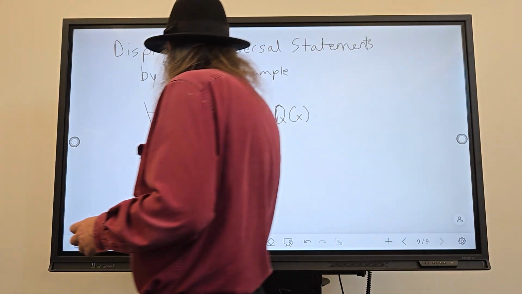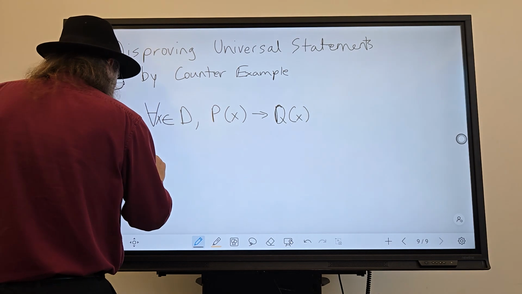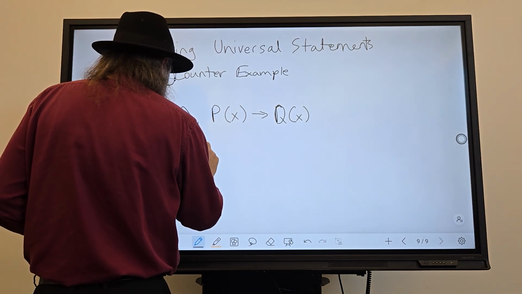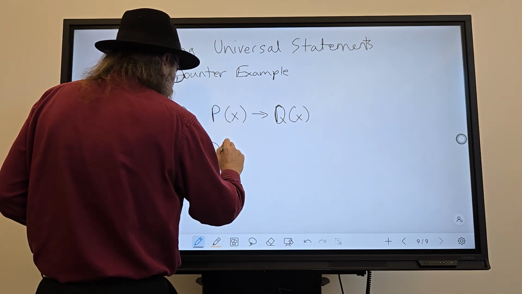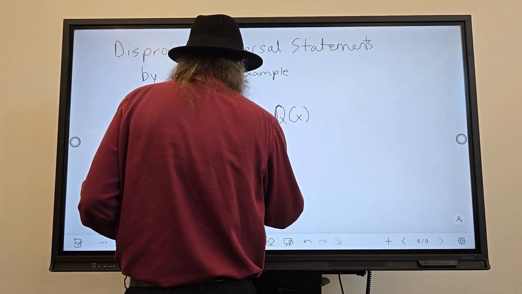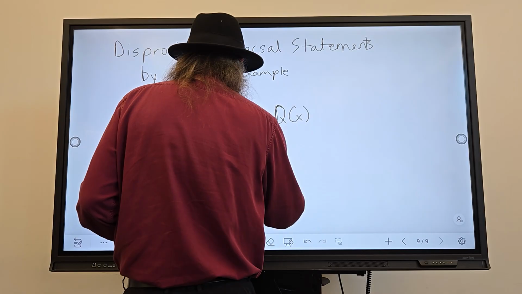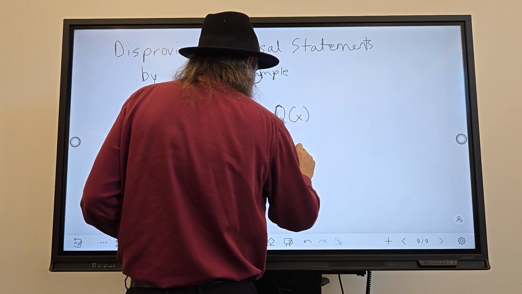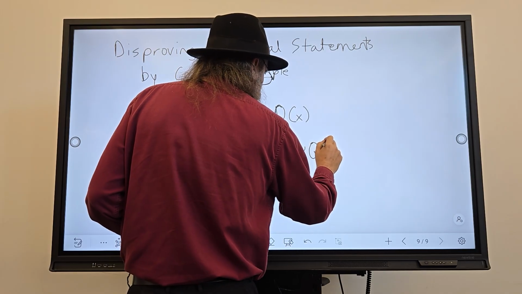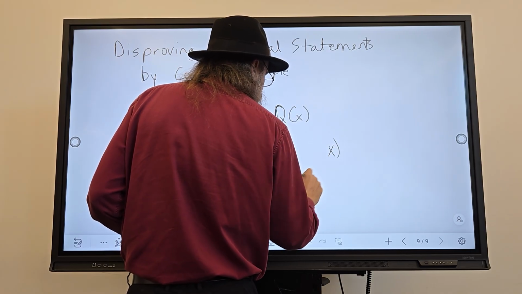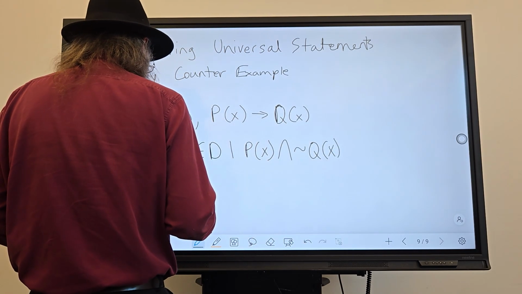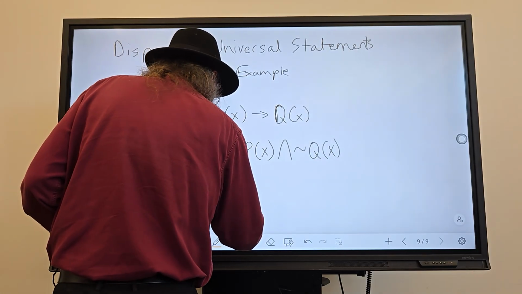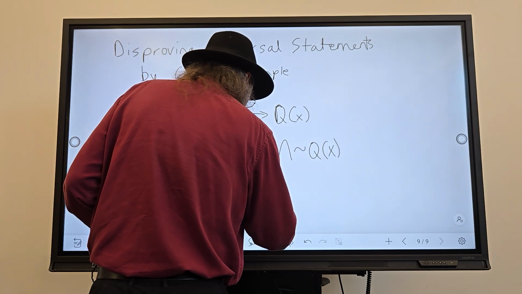So find an x element of D such that P of x and not Q of x. x would then be the counterexample.